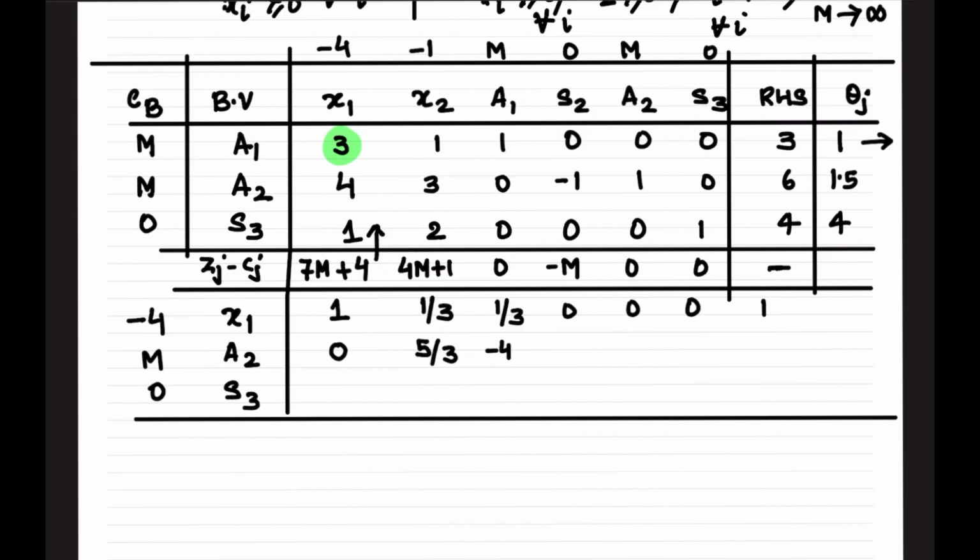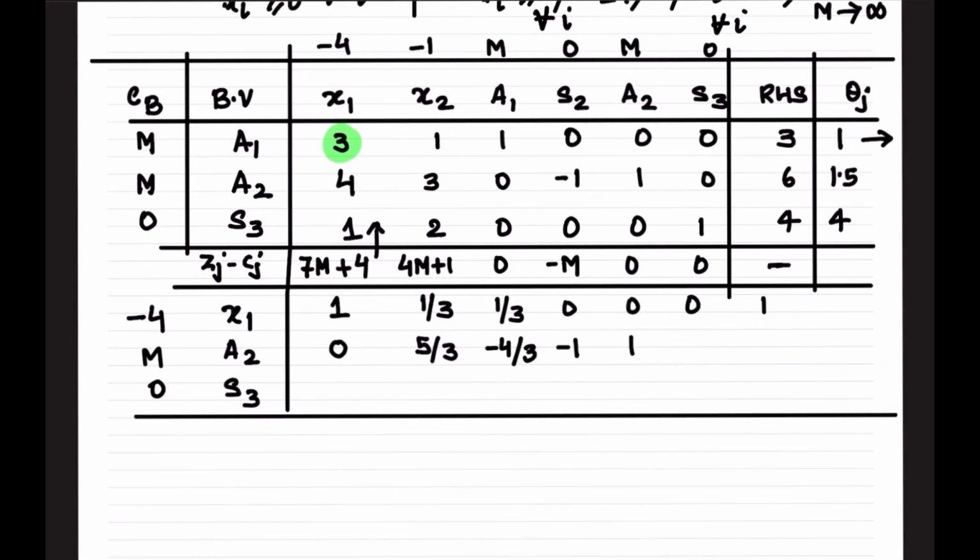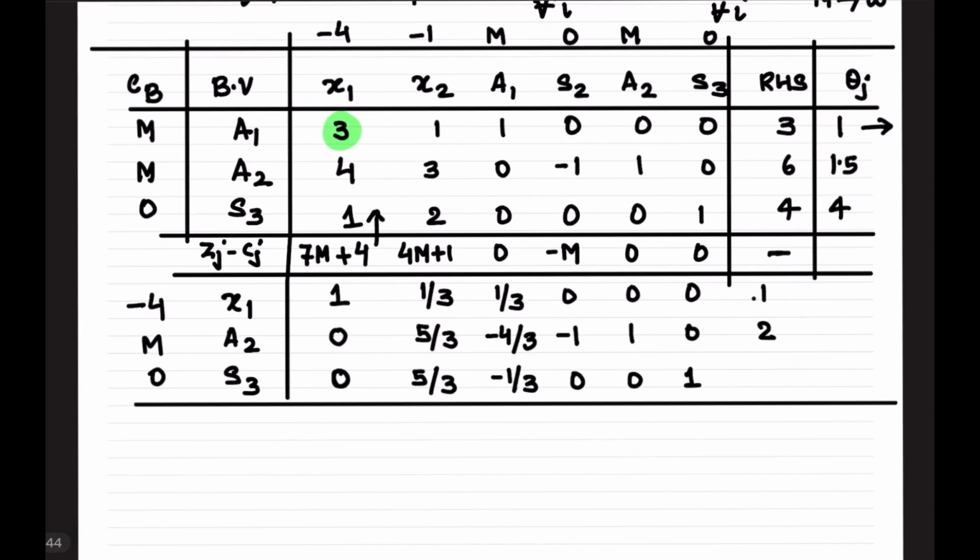This is minus 4 by 3, this is minus 1, this is 1, this is 0, this is 2. Here also we need 0, currently we see 1, so multiply the pivot row by -1 and add to the third row, so 2 minus 1 by 3, that is 5 by 3, then minus 1 by 3, 0, 0, 1, minus 1 plus 4 is 3.